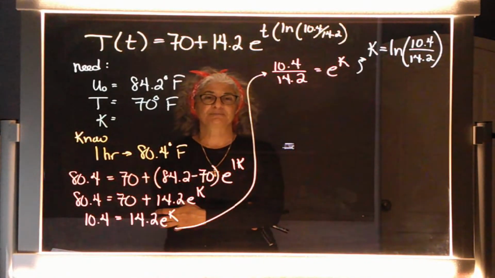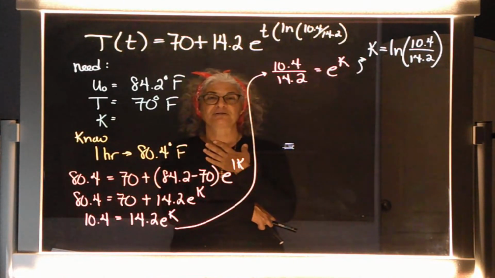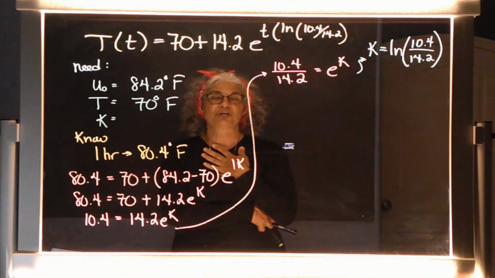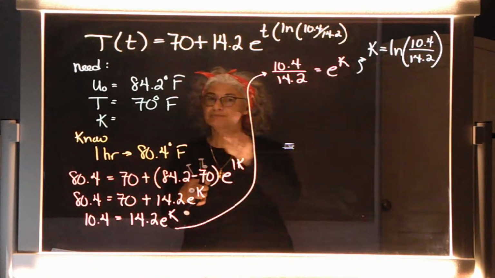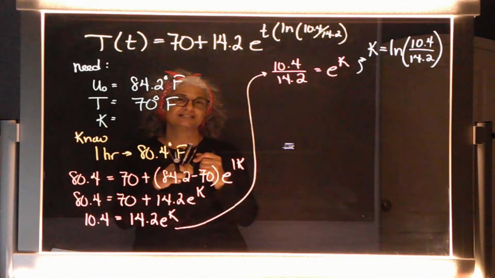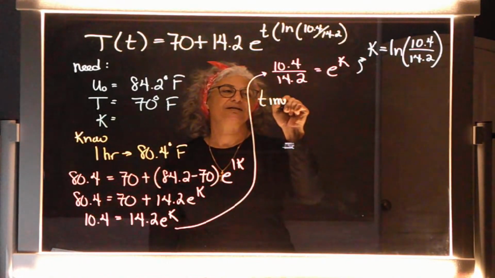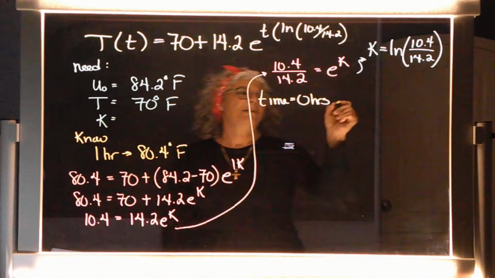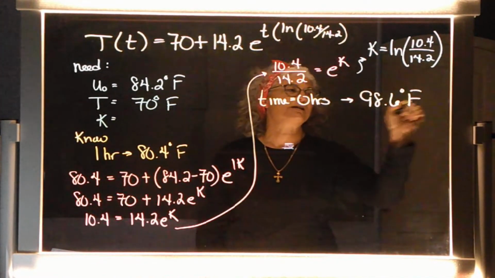And if you're like, I don't remember, well, go look it up. But the normal temperature of a human is 98.6 degrees. So technically, at time 0, I need you to think of it this way. At time equal to 0 hours, this was before the murder, the temperature of the body was 98.6 degrees Fahrenheit, wasn't it?